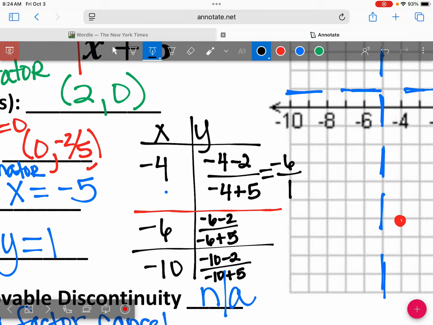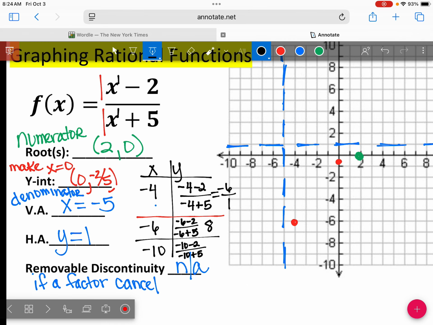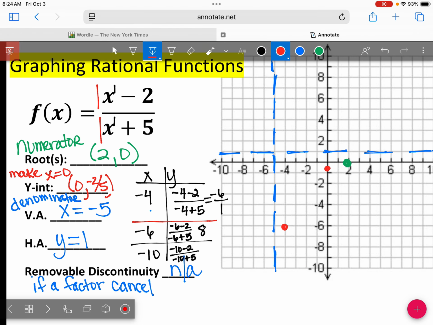Okay. All right. So -6 we should have. So -8 over -1 is a +8. Who got +8? So let's put a point at -6, +8. Okay. And then let's go ahead and do -10.